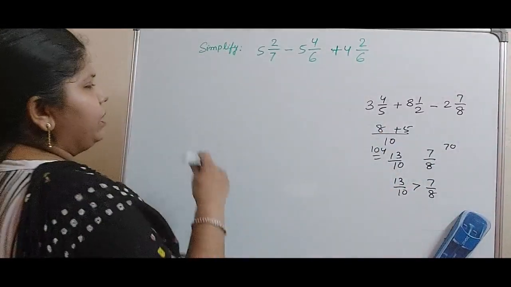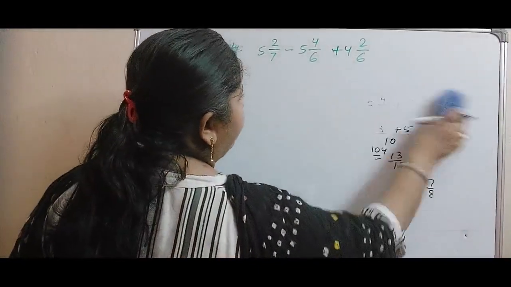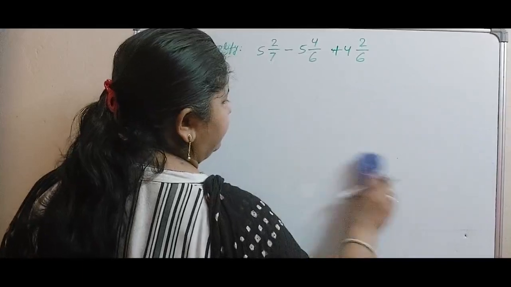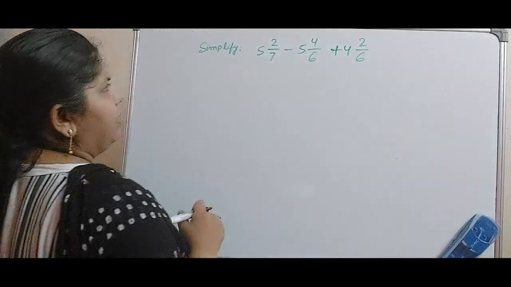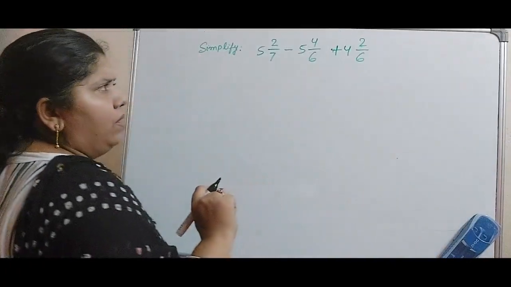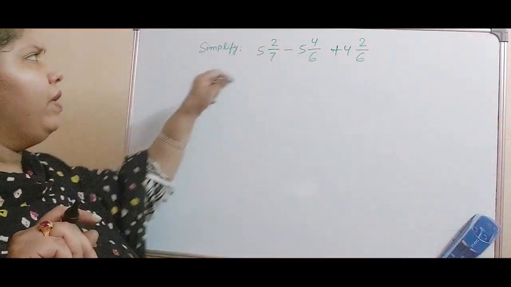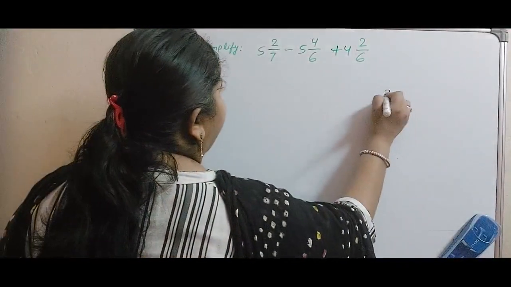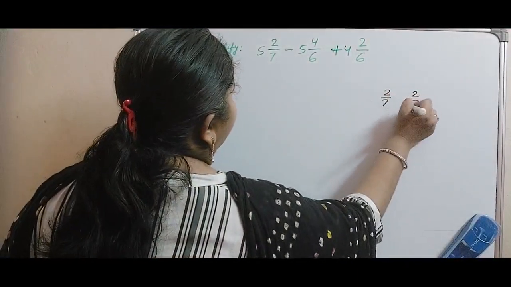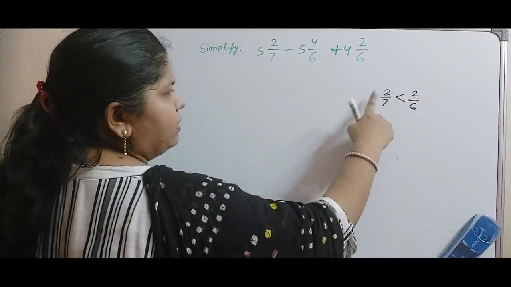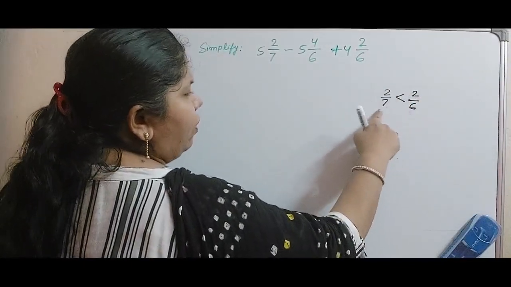But in this question, just look at the fractional part here. If you add 2 by 7 and 2 by 6, when the numerators are the same, comparing 2 by 7 and 2 by 6, obviously 2 by 7 is less than 2 by 6 because the denominator is more.